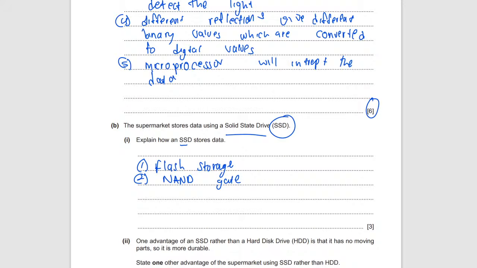Now for most of these questions, you just need to understand it, and that's how you get marks. You just need to revise through the help of theory. Okay, and then finally you can also mention that it uses transistors.